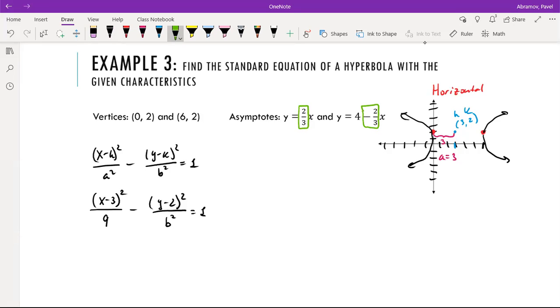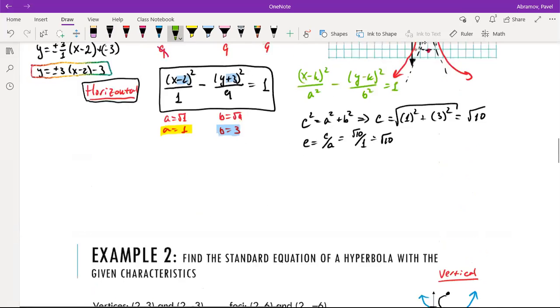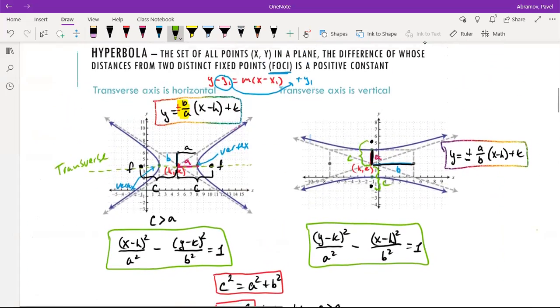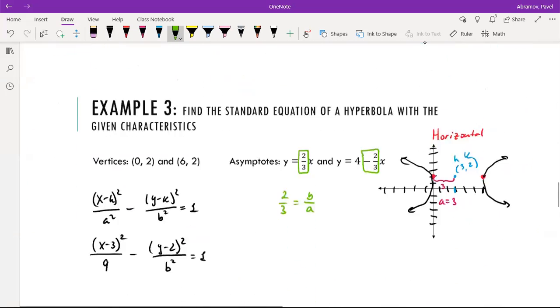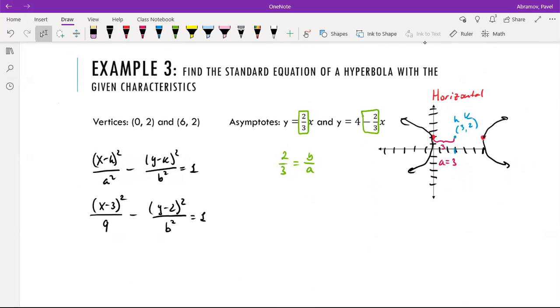So we're going to say that our 2/3, which is our slope, for a horizontal hyperbola is b over a. If we scroll back up, we can see on our original graphs that if we have a horizontal hyperbola, then the slope is b over a. So we have the ratio 2/3 is equal to b over a.